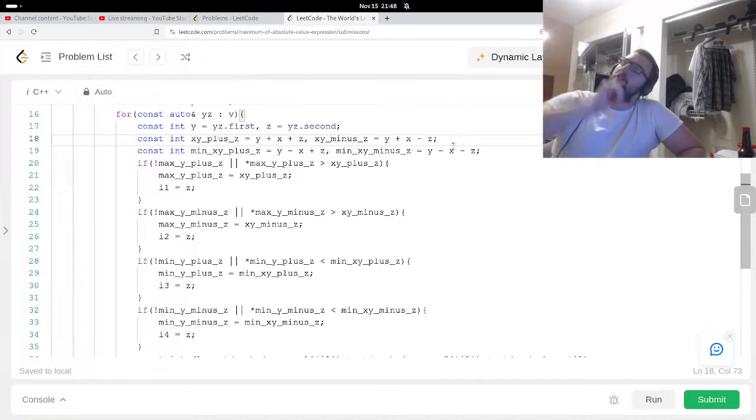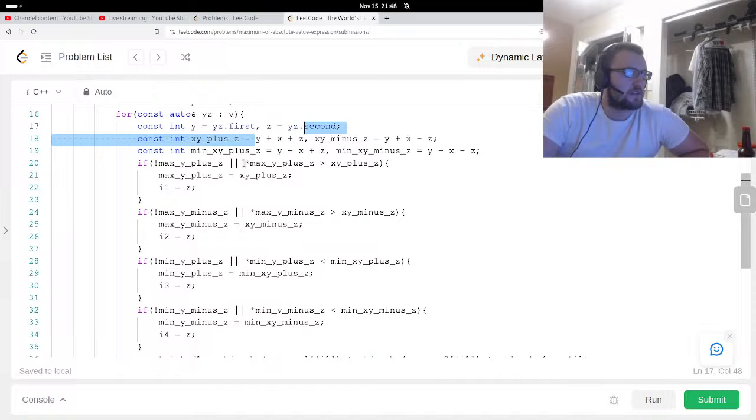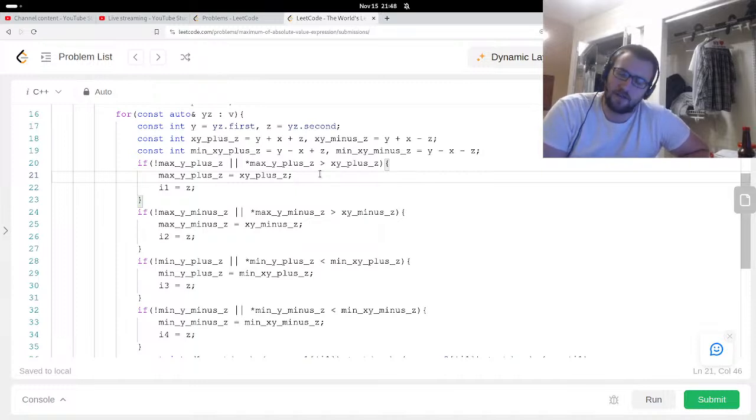It's a little confusing. I'm trying to remember exactly how this works. If, let's see, x plus y, right? If this max y is larger, then I'm going to update. It's a little bit counterintuitive.